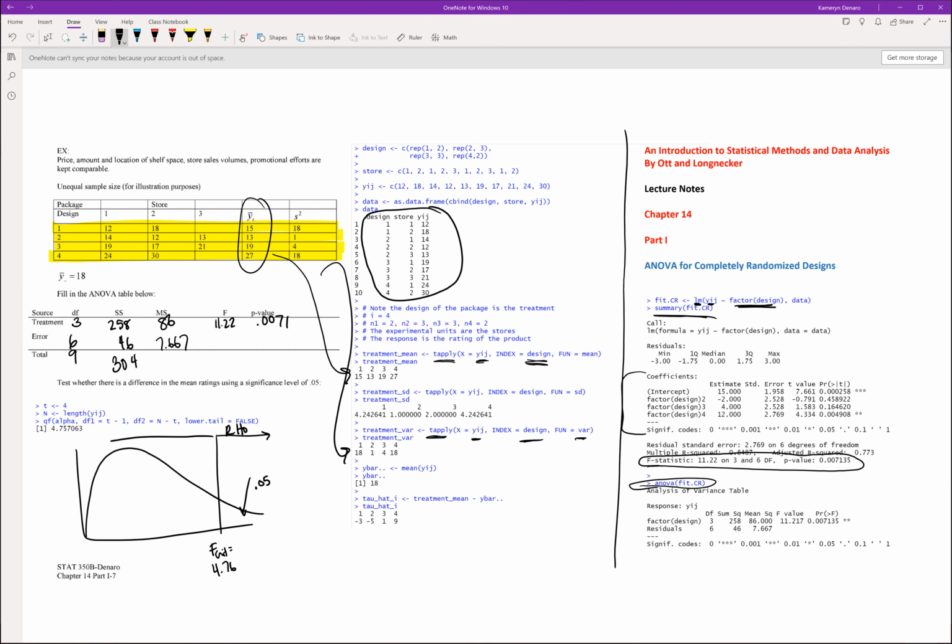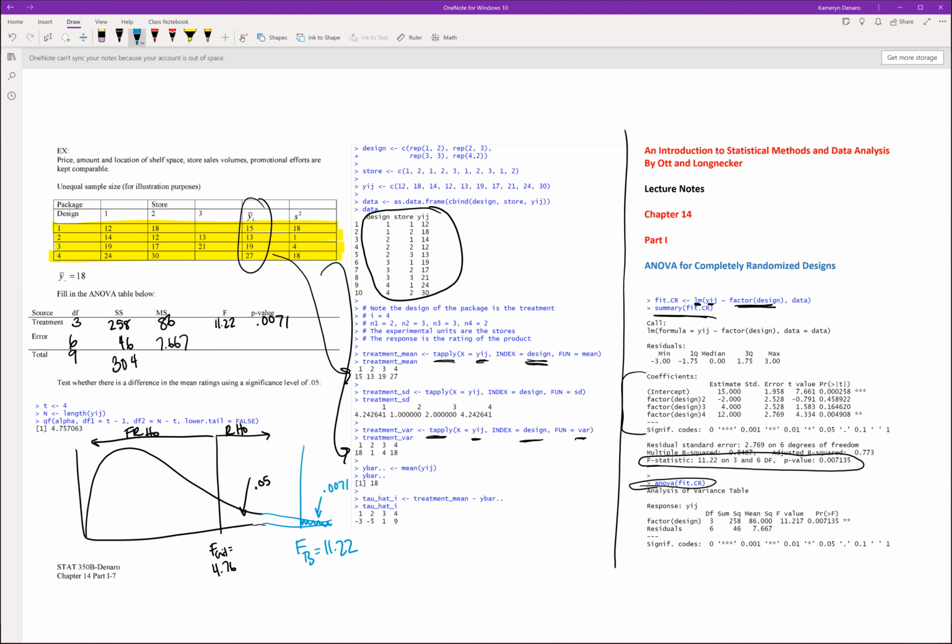So essentially here, anytime I see an F value bigger than 4.76, then I'm going to conclude that at least one of the treatments is significantly different than the rest in terms of mean ratings. So here, when I do this, I get a value for my test statistic of 11.22, so way up here, okay? So this p-value right here, the area in the tail, is very small, 0.0071, and this is my test statistic of 11.22.